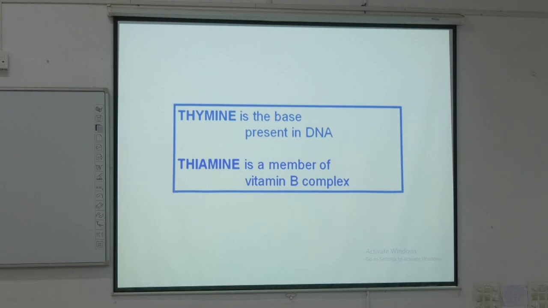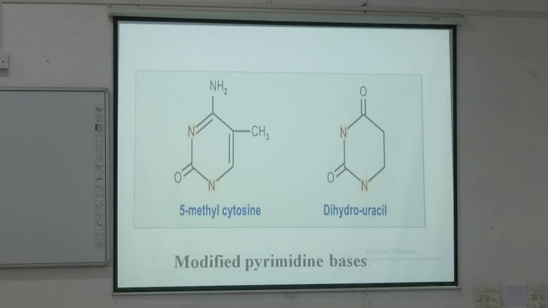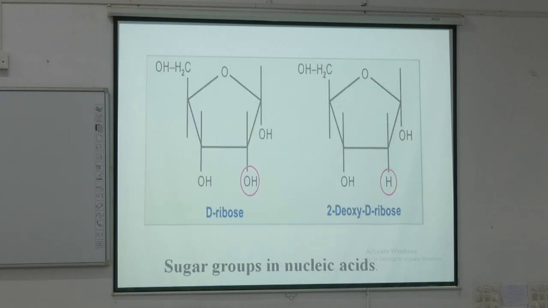B2 is riboflavin. These are your modified pyrimidine bases, 5-methyl cytosine and dihydrouracil. The sugar here, what kind of sugar? Deoxyribose sugar and ribose sugar.